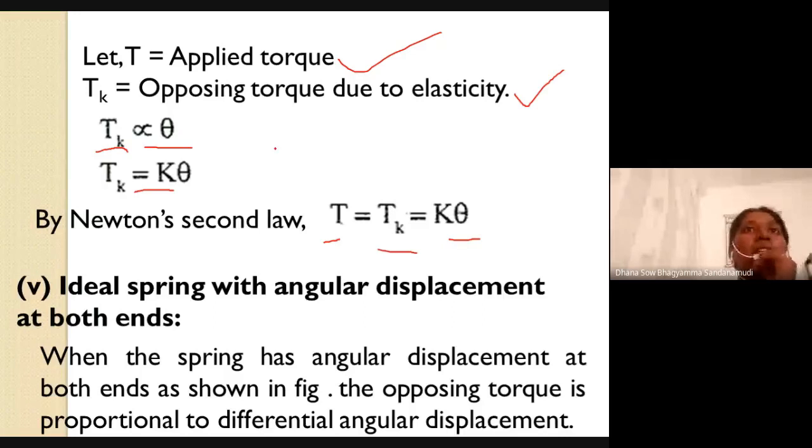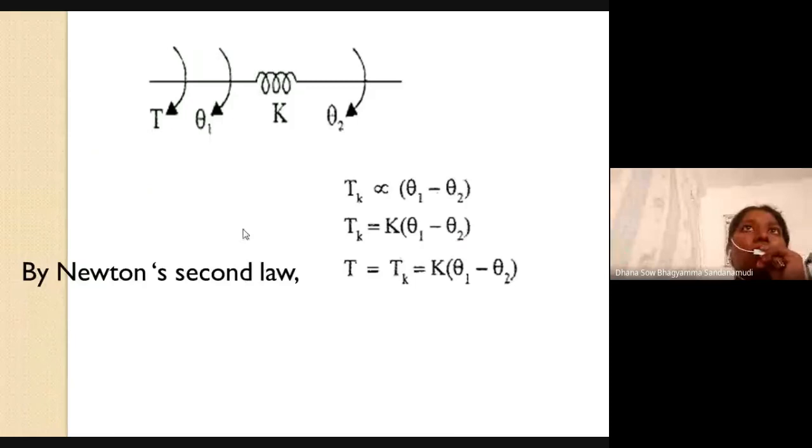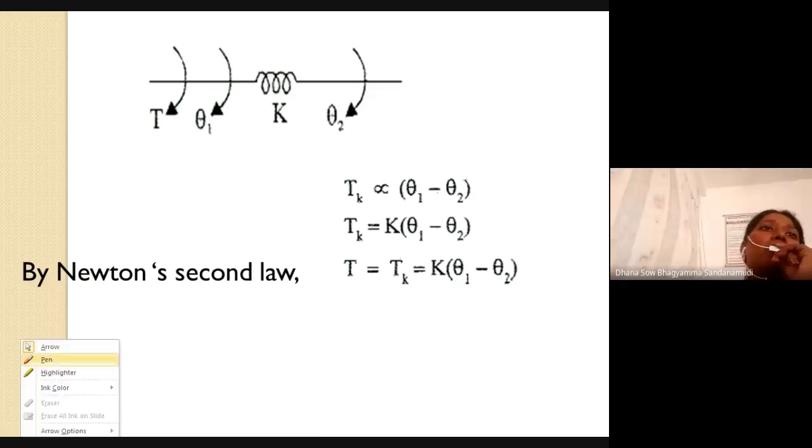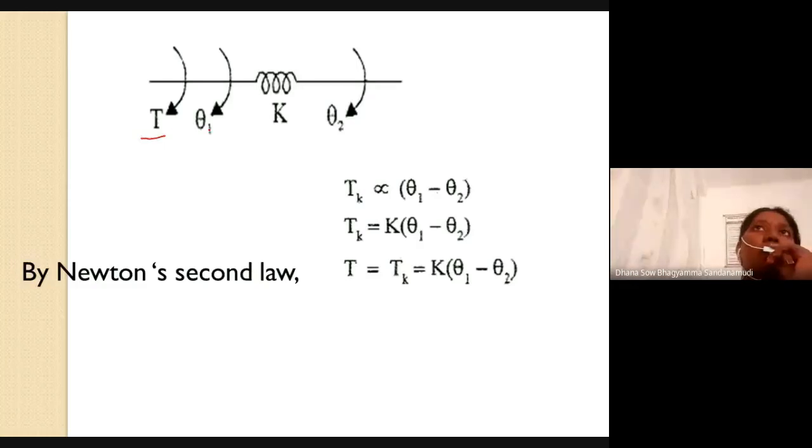Now let us consider an ideal spring with angular displacement at both ends. So what is the applied torque here? Applied torque is T. I am having angular displacement at both ends because they are free to move. Let us consider the opposing torque due to the elastic element as Tk. So Tk will be directly proportional to the difference of the two angular displacements, theta 1 minus theta 2.